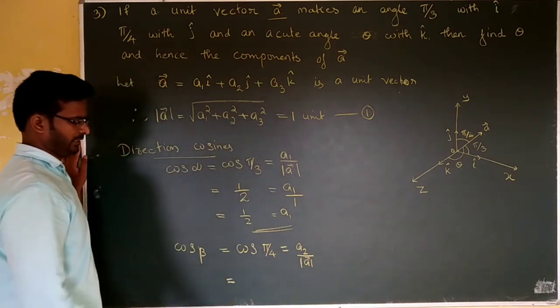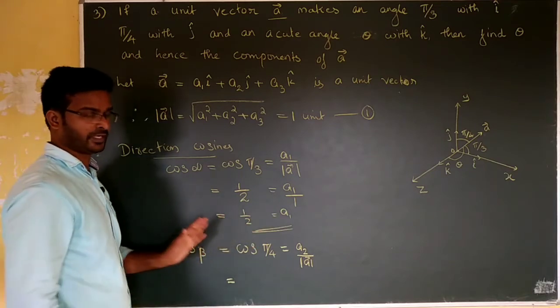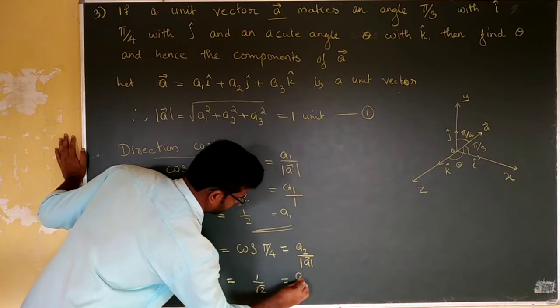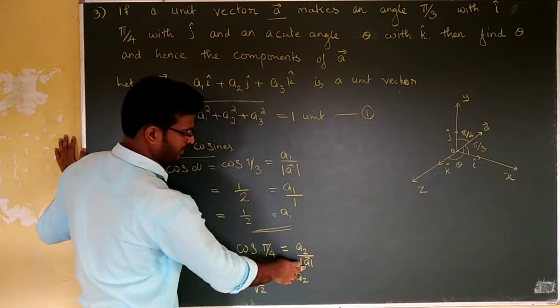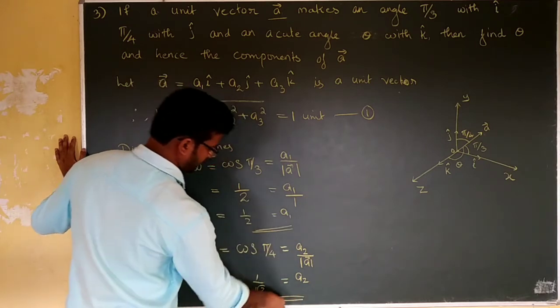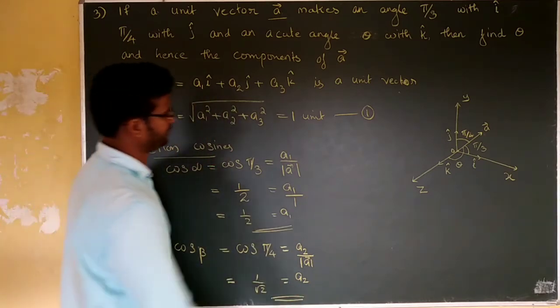Pi by 4, that is cos 45, will be 1 by root 2, equal to a2 divided by the magnitude of A, which is 1, no need to write. We got a2 now also.